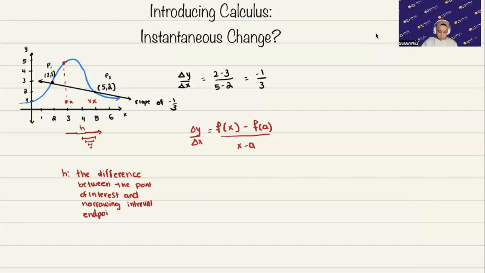So that x that we've chosen, and we're narrowing, right? So this is H, and then if I'm making it smaller, then that's my new H, and so on.